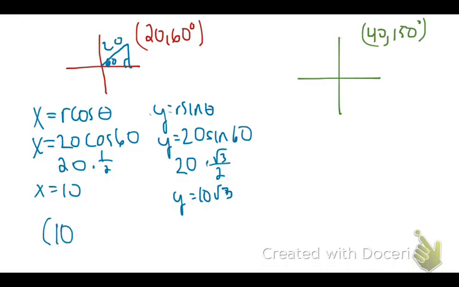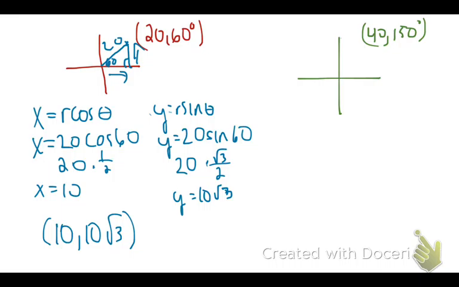So you would have 10 comma 10 square root of 3. So you would be 10 miles east and 10 times the square root of 3 miles north, right? So you'd go east and then you would go north, and that's your ordered pair, okay?